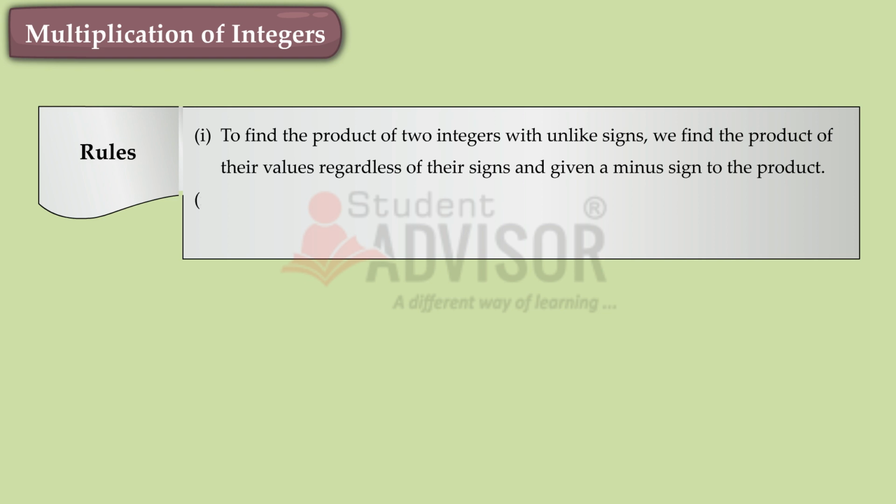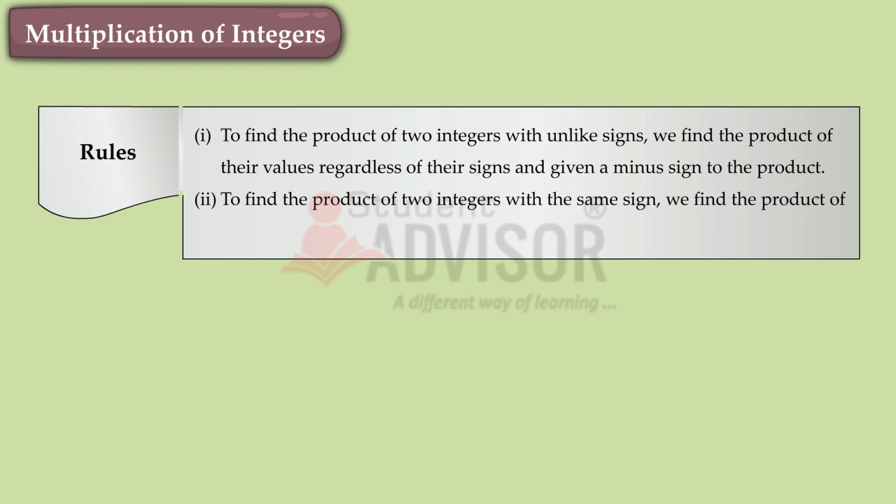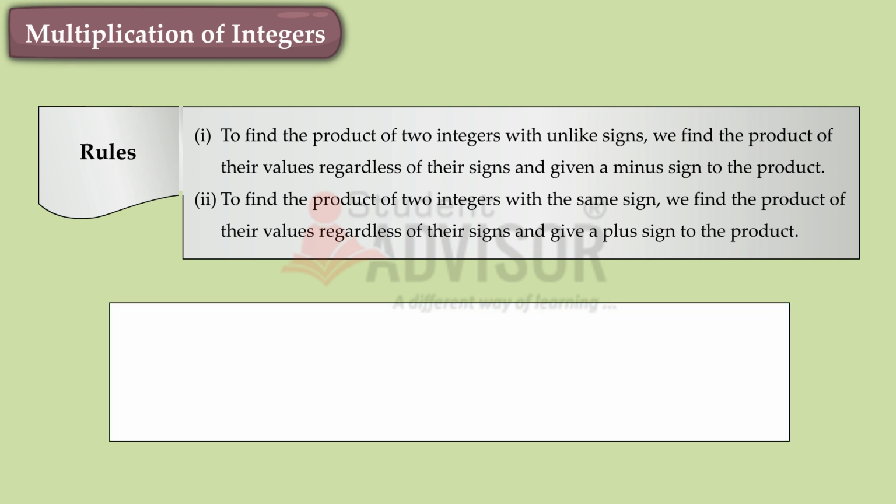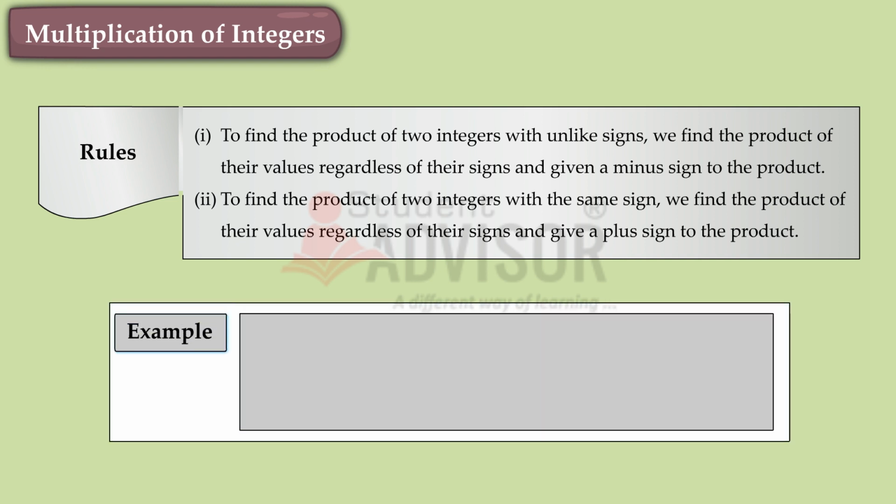To find the product of two integers with the same sign, we find the product of their values regardless of their signs and give a plus sign to the product. Study the given example.